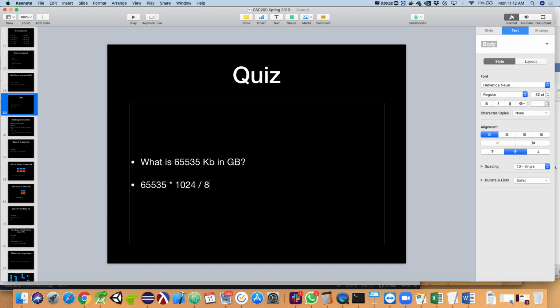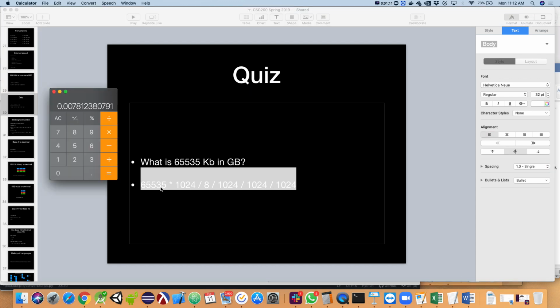Then you need to get to kilobytes, so you divide by 1,024. Then megabytes, so you divide by 1,024. Then you get to gigabytes, so you divide by 1,024. That gives .0078, blah, blah, blah.